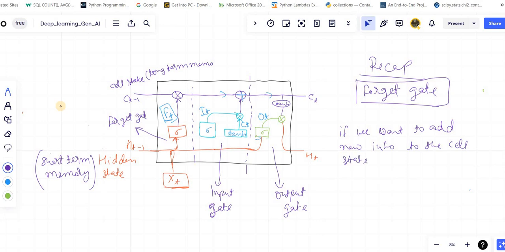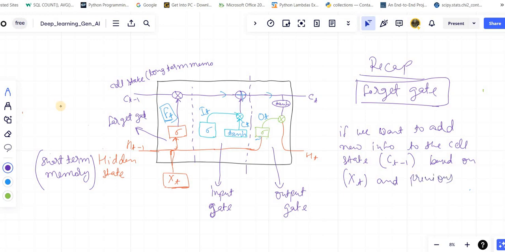This one, this upper line which you are saying Ct minus 1 or Ct. Okay, based on the current input xt and the previous hidden state.